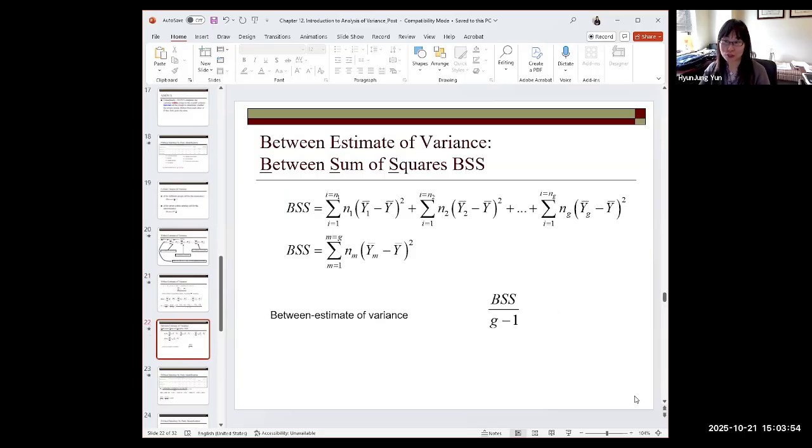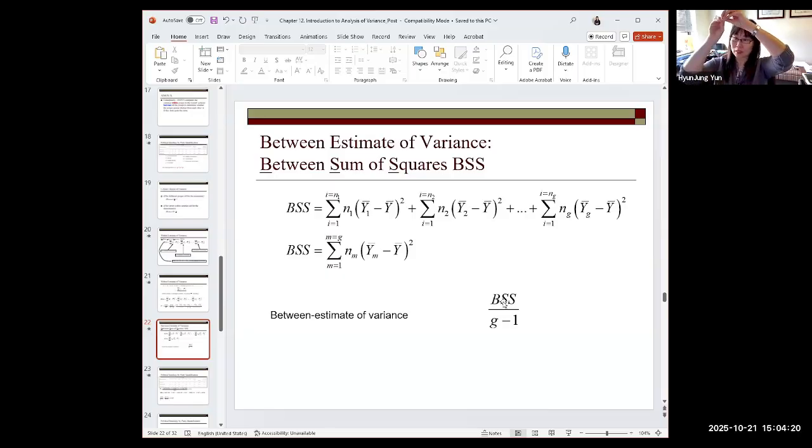And then the between group variance, that's the numerator. How can you calculate that? The mean value for Republican compared to the grand mean for everybody, and the mean value for Democrat and for independent compared to the grand mean. So it is between group.